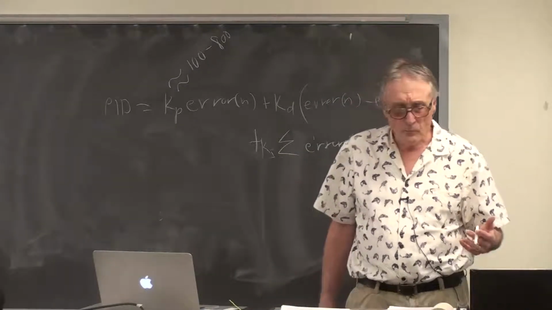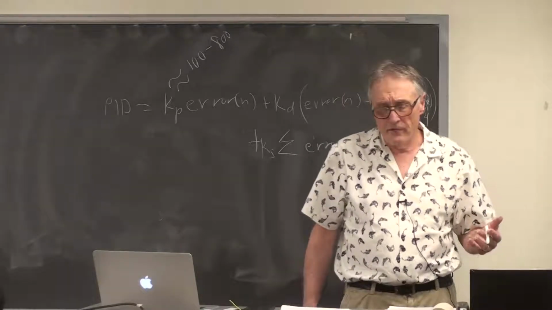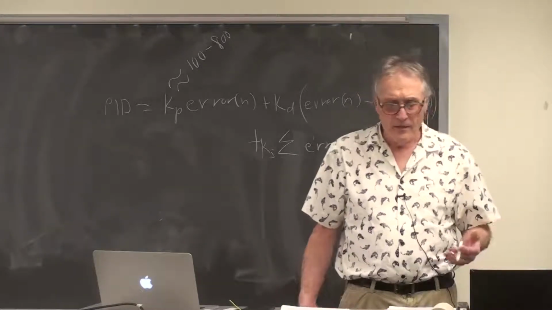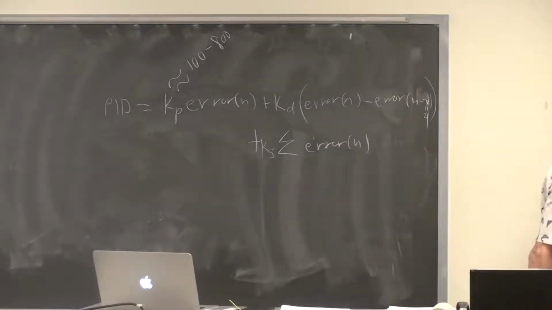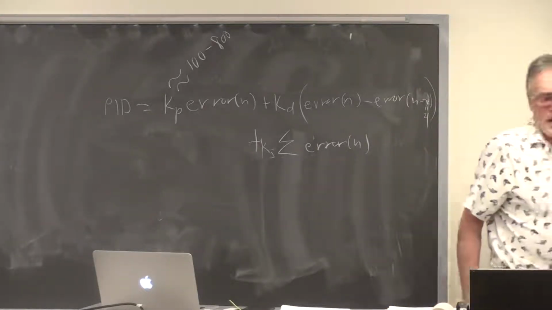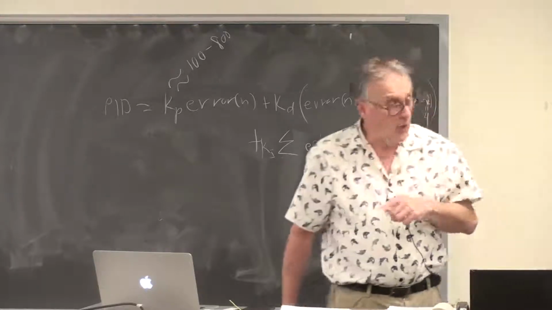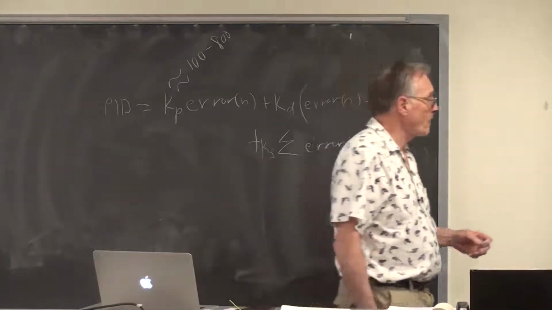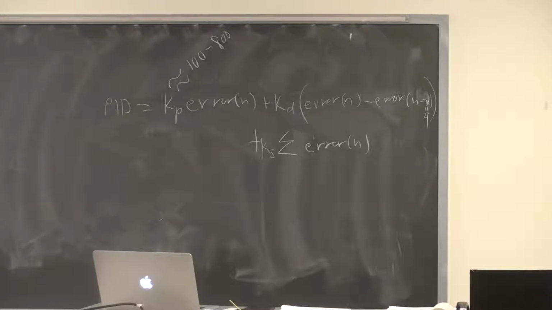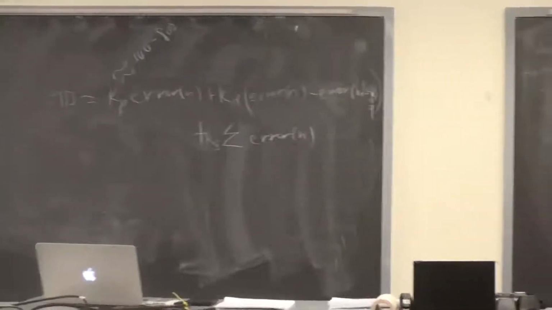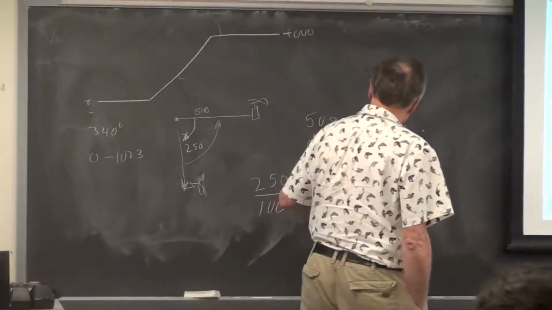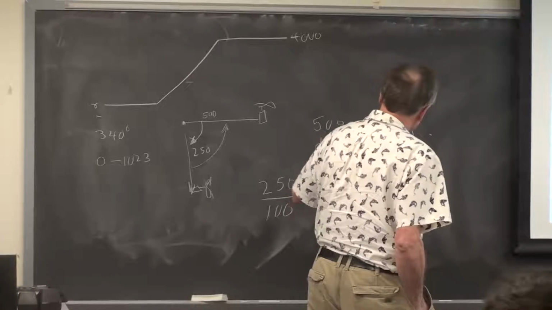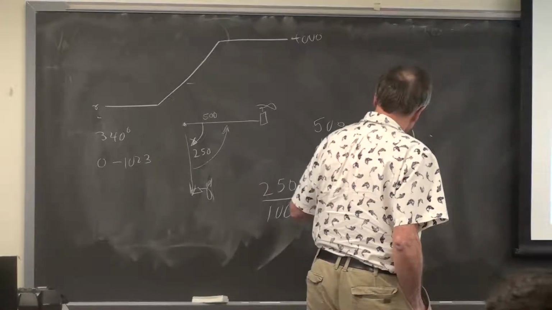And so if that's the case, then if we rotate 250 units in, say, 100 milliseconds, that turns out to be about 2.5 ADC units per time step.